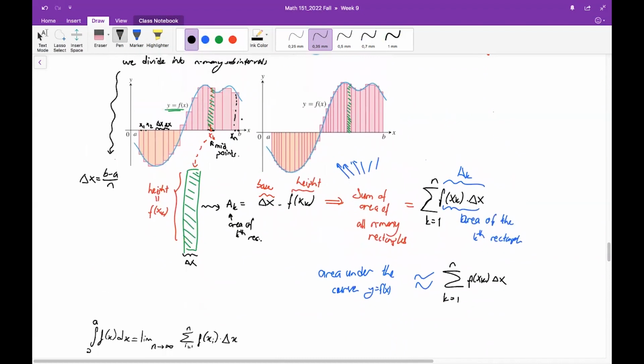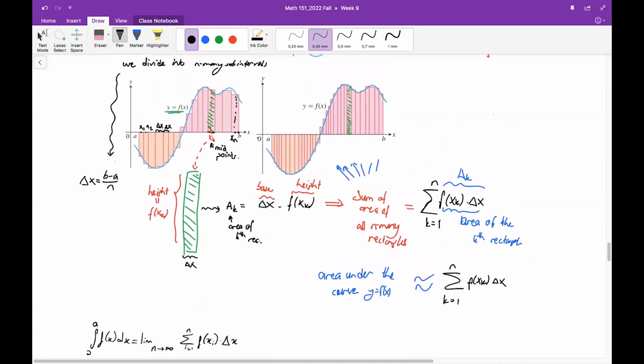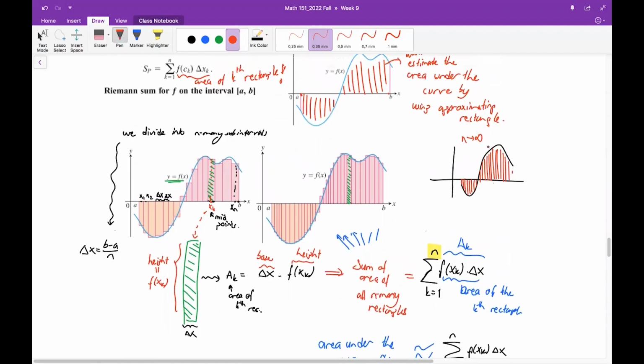But what if I increase the number of rectangles, this number n? What if I send the number of rectangles to infinity? Remember what we once said: the more rectangles we have, the less error we obtain. If n, the number of rectangles, goes to infinity, you will get rid of the error terms.